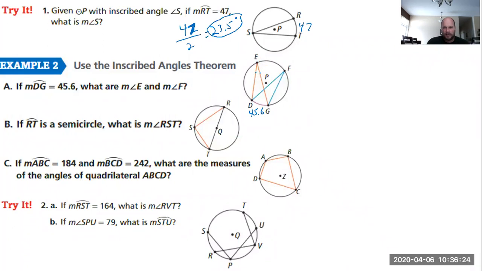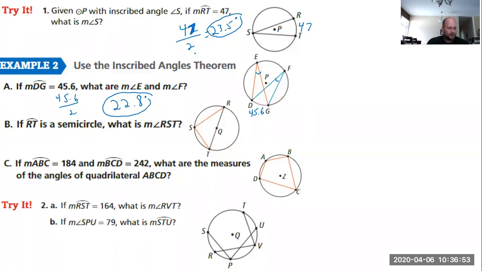Well, E and F must be congruent because they're both intercepting the same arc. In each case, they're going to be half. So if we take the 45.6 and divide it by 2, this will be 22.8 for each angle.